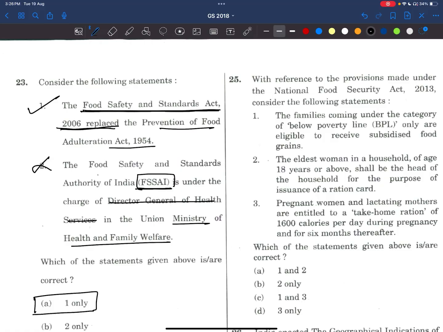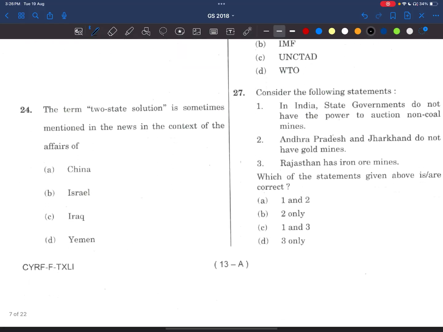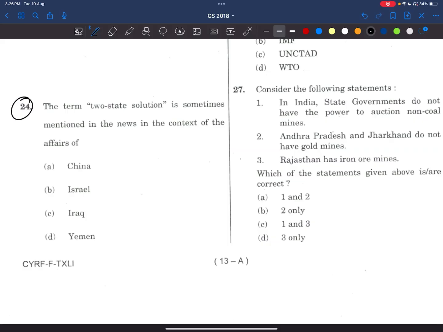Okay, now coming to the 24th question. The term two-state solution is sometimes mentioned in the news in the context of affairs of... See here, friends, this is mentioned in the context of the conflict between Israel and Palestine.